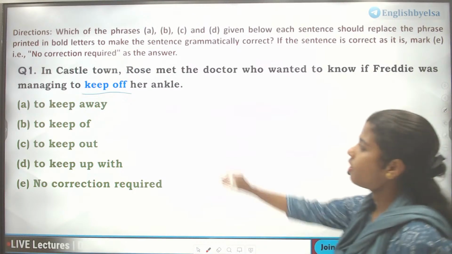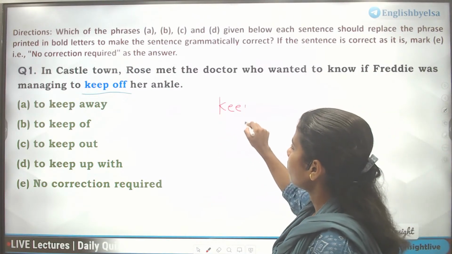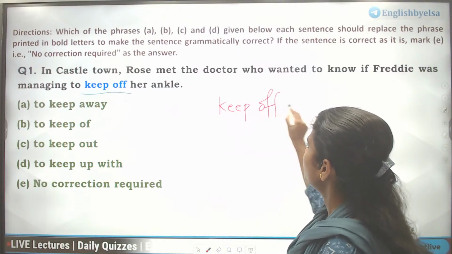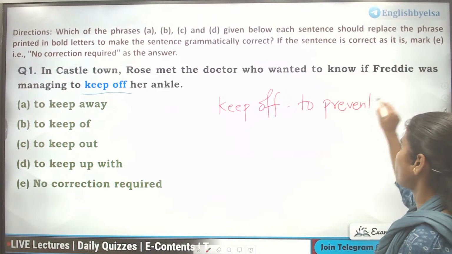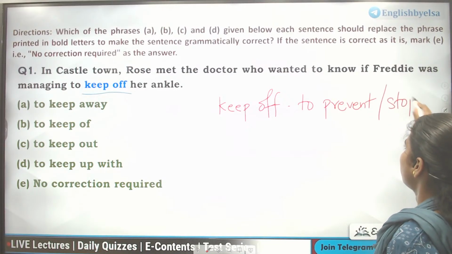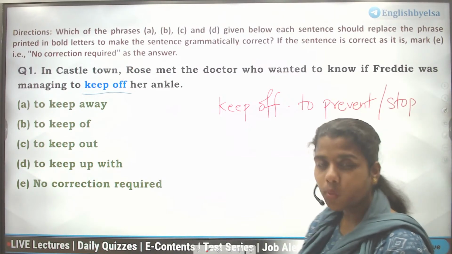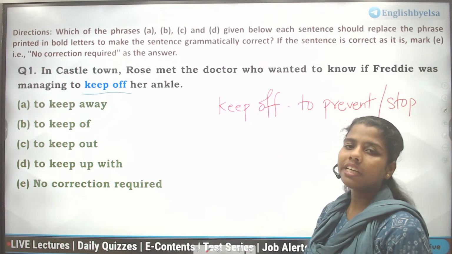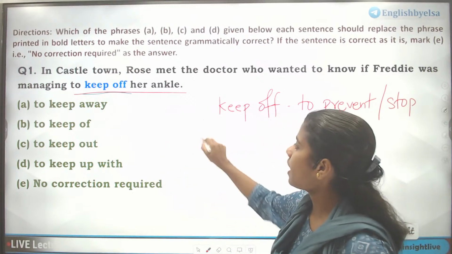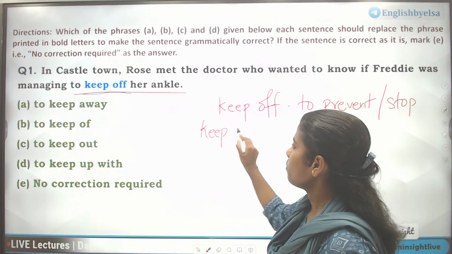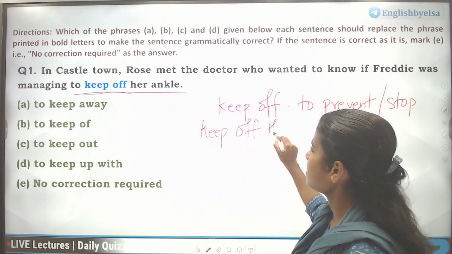Keep off actually means to prevent or to stop. But here in this question there is a twist. This is not only a phrasal verb, but also, if you see, keep off the ankle is a phrase in itself.